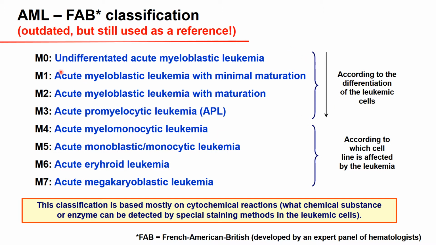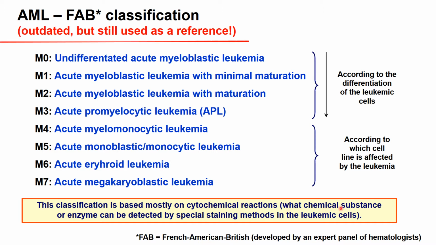From M0 to M3, the classification is according to the differentiation of the leukemic cells, such as undifferentiated, or myeloblastic, or myeloblastic with maturation, or promyelocytic. Later on, from M4 to M7, the classification depends on which cell line is affected by the leukemia. This classification is based mostly on the cytochemical reaction.